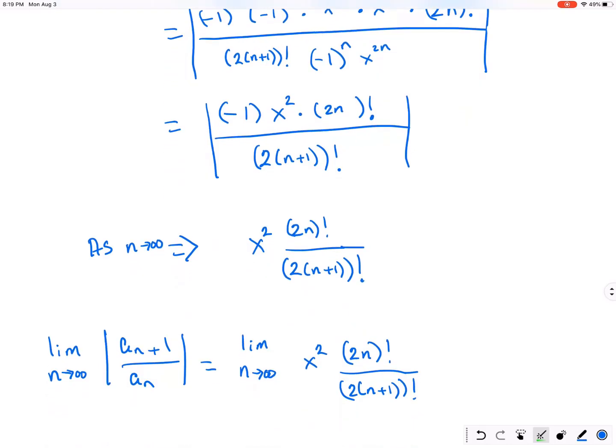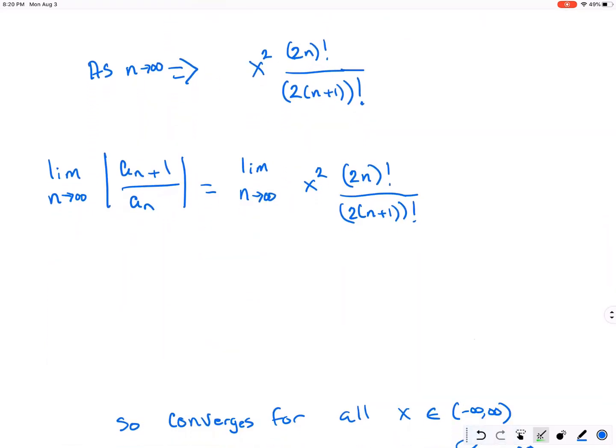Well, as n approaches infinity, so n things are going to be positive, all of these terms are going to be positive, so I don't need the absolute values. Minus 1, take its absolute value, is equal to 1, so I'm not going to write the 1. And x squared, no matter what value I put in for x, is always going to be positive, so I don't need the absolute value for that.